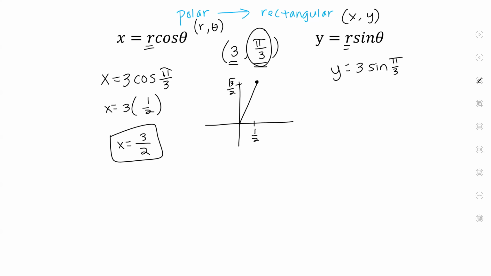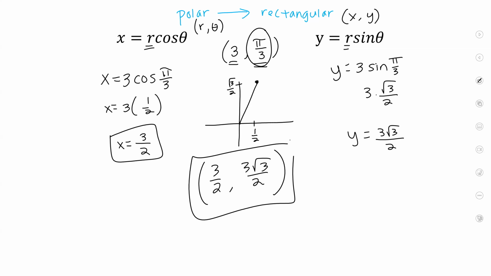So sine at pi over 3 is square root of 3 over 2. So y is just 3 square root of 3 over 2. So those are my coordinates. You try.